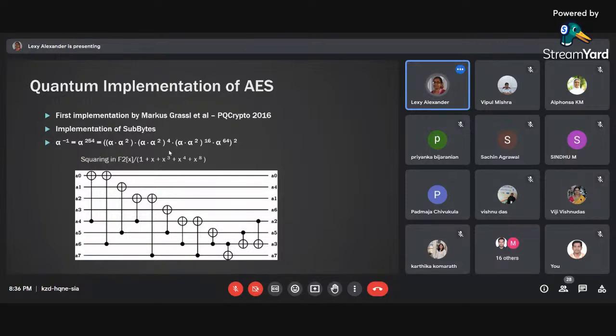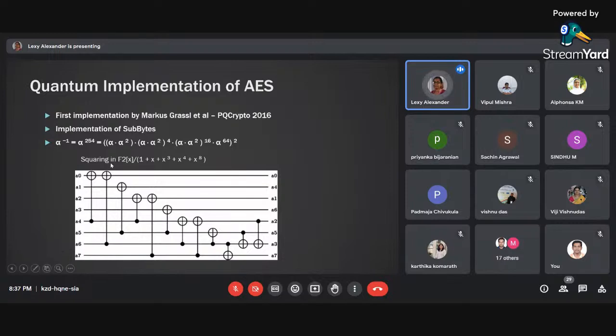So we use only the square circuit: keep squaring, then multiply. Square, multiply is all that happens in this formula. Alpha into alpha square, then the fourth power, then the 16th power. Again square, and so on. The square circuit keeps being applied.